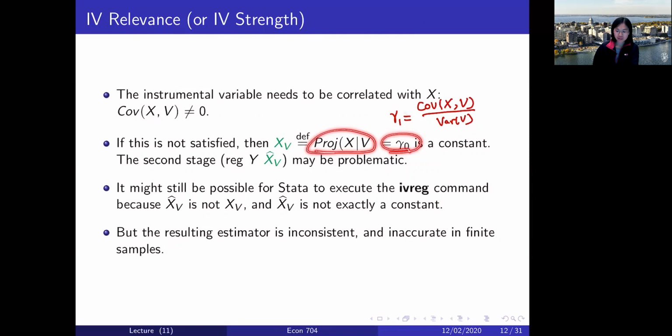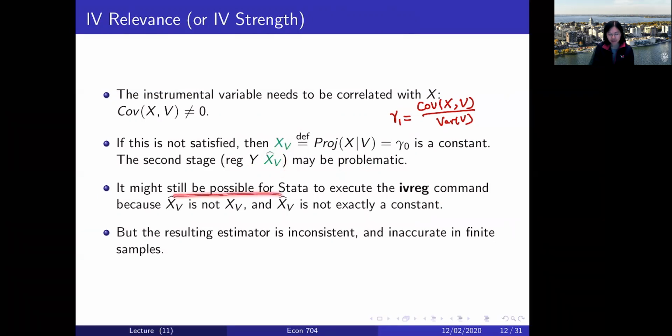If the projection is a constant, when you run an OLS regression of y on that variable or an estimated version of it, that's going to be problematic. You run into a multicollinearity problem. In practice, because x hat sub v and x sub v are not the same, there is some estimation error in the hat version.